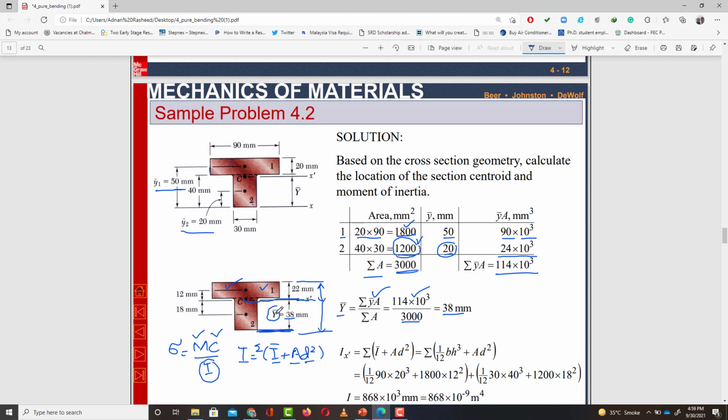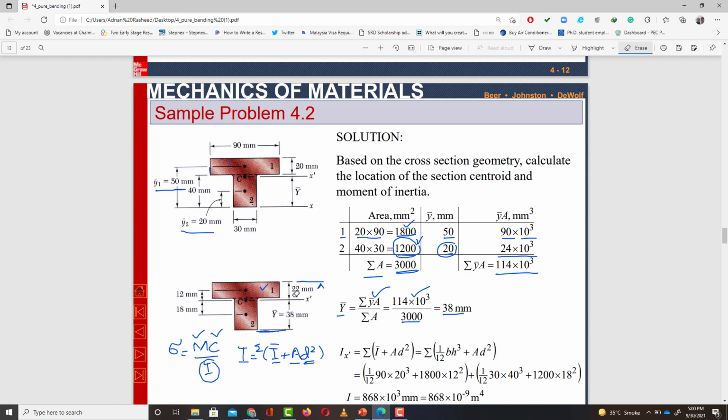Now d square, what is d? d is the distance of the first member's centroid, the first member's centre, with respect to the centroidal axis. So this distance is d. Similarly, you have to find the moment of inertia of this member 2 plus area into d square. So let's solve it. It will be more clear to you in a while.